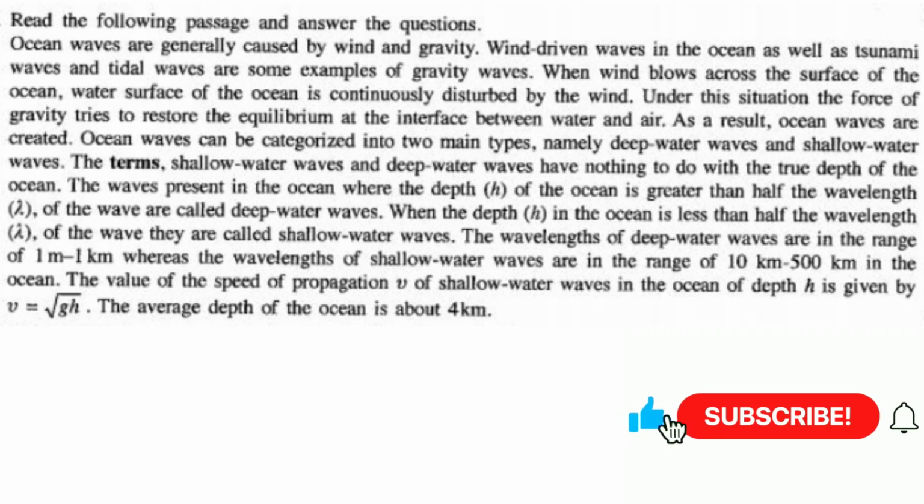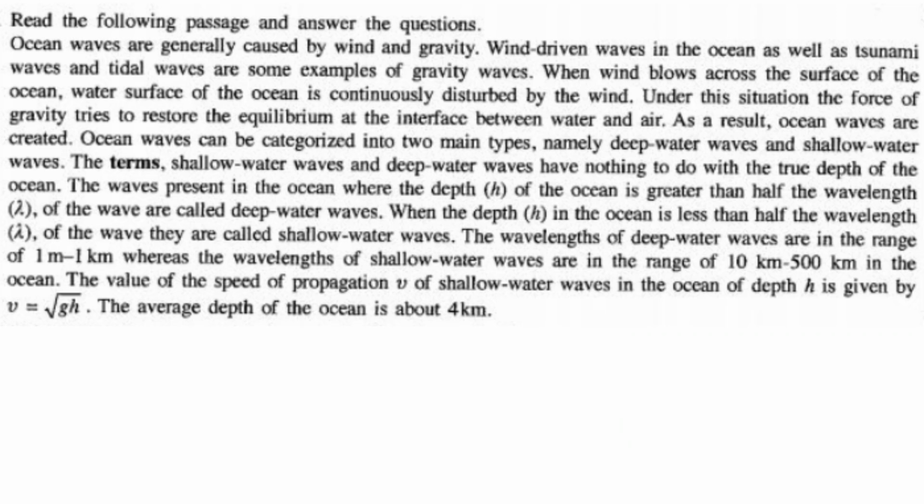The speed of propagation v of shallow water waves in the ocean of depth h is given by v equals root gh. The average depth of the ocean is about 4 kilometers.